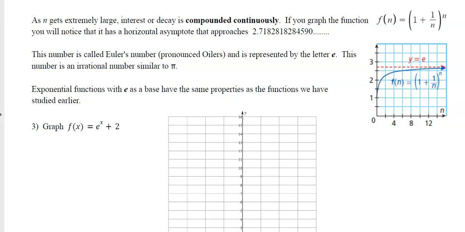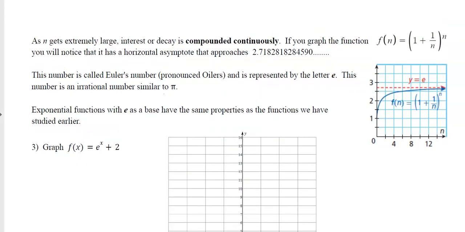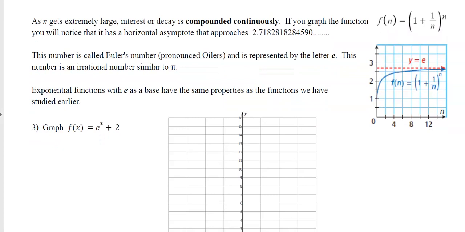If you graph this function right here, and you start looking at it, kind of bring this up a little bit. If you graph this function up here at the top, and you just leave the n in there, and you keep going to the right, bigger and bigger n's, what you notice is this graph comes up, and then it kind of plateaus, and there's actually an asymptote right there.